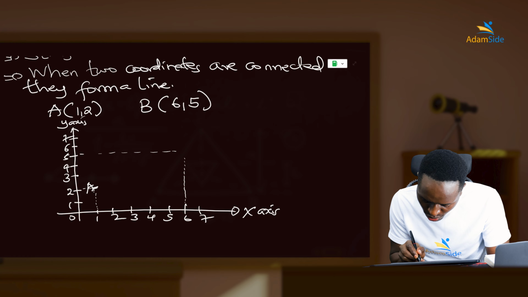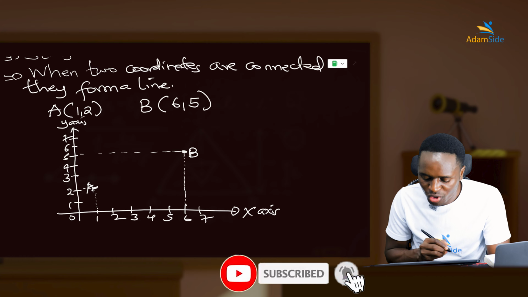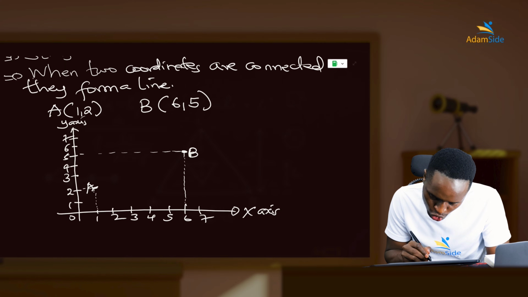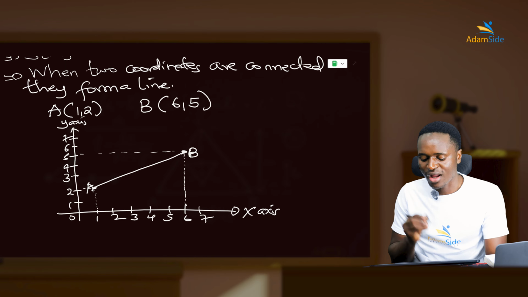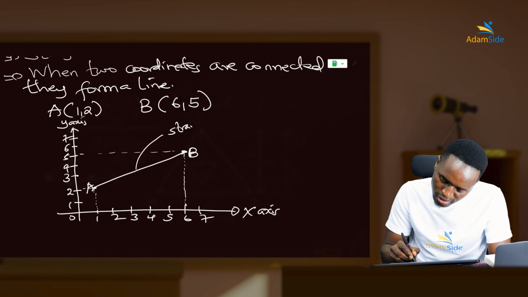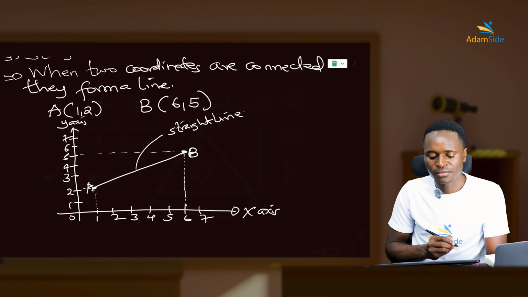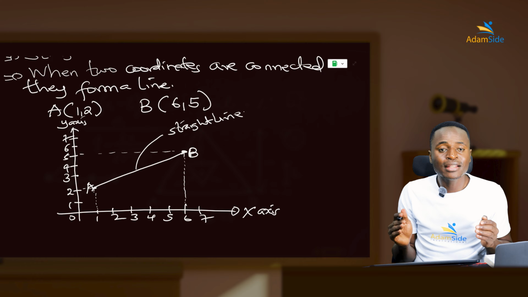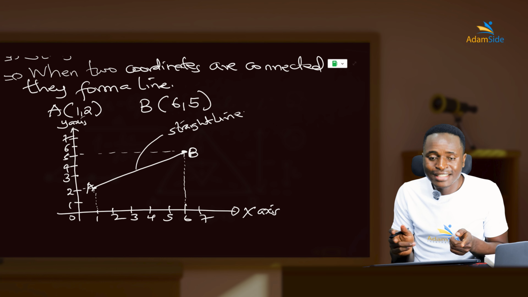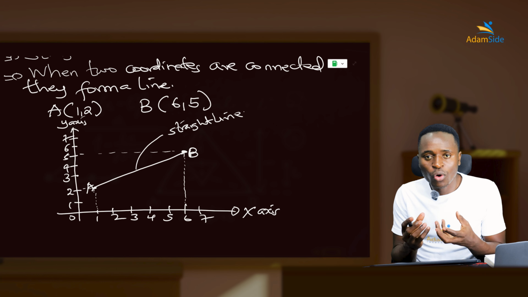When these 2 points are connected, they form a straight line. So this is called a straight line. This is how a line is being formed. So a line can be formed by connecting 2 coordinates.